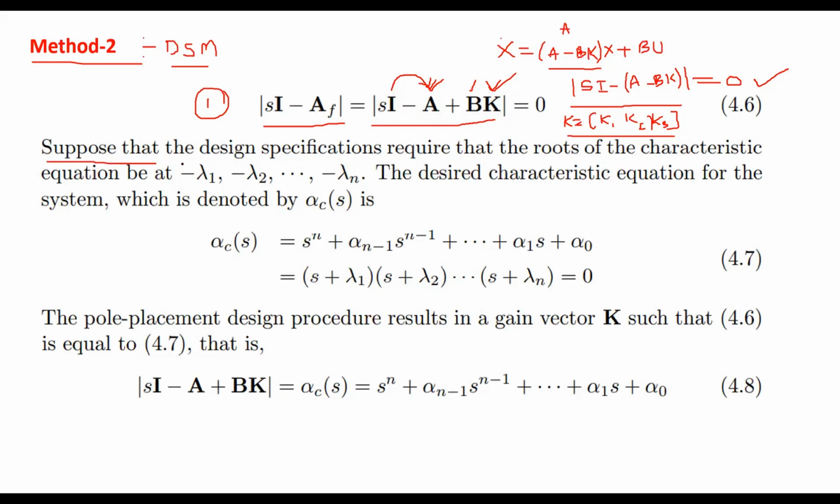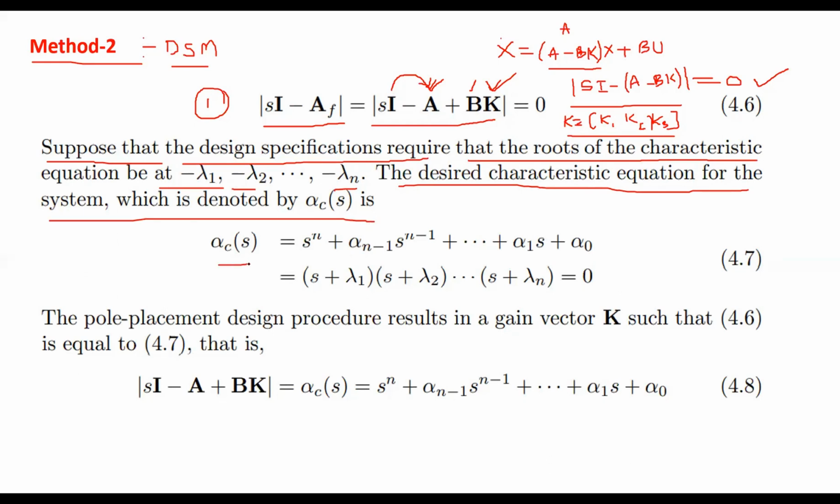Suppose the design specifications require that the roots of the characteristic polynomial should be at lambda 1, lambda 2 up to lambda n, and the desired characteristic equation for the closed loop system is denoted by alpha c of s.